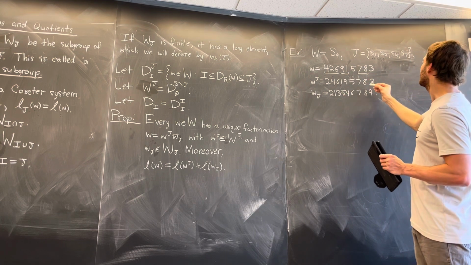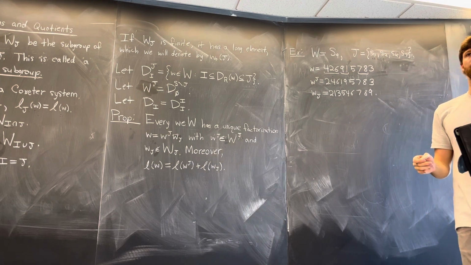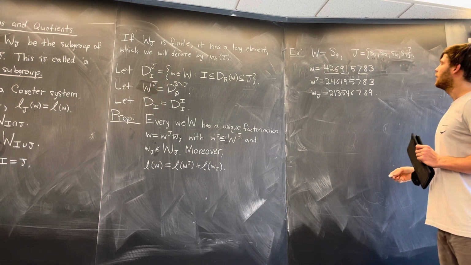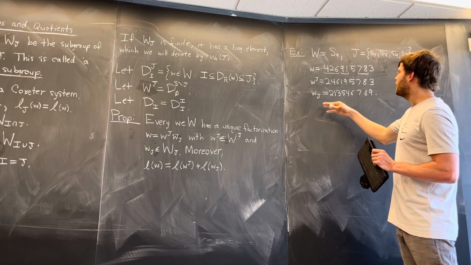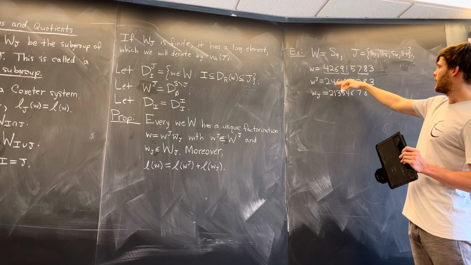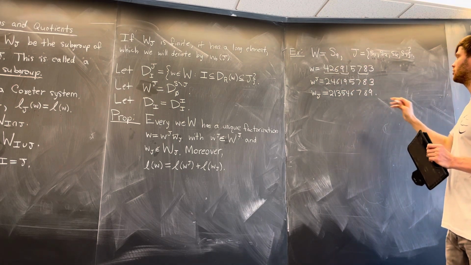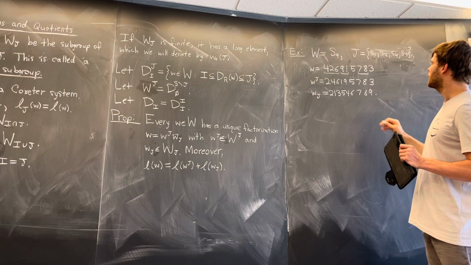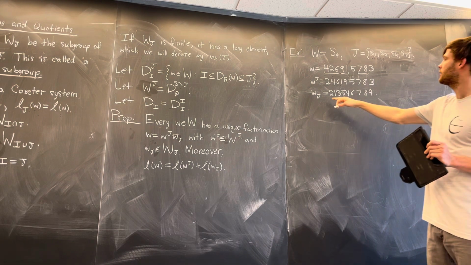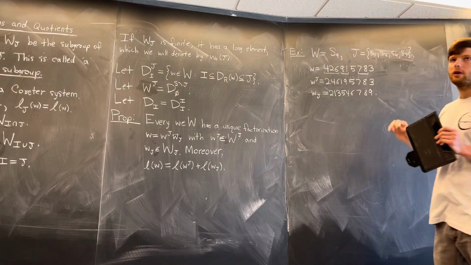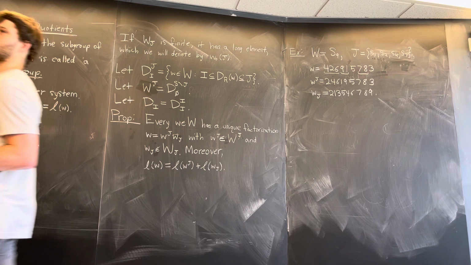The 5 stayed the same. 7, 8 was already in increasing order, and then the 3 stays the same. And then w subscript J is basically the thing that I had to multiply by in order to do this rearranging into increasing order for each block. And you can check that this is in this parabolic subgroup. Does this make sense?